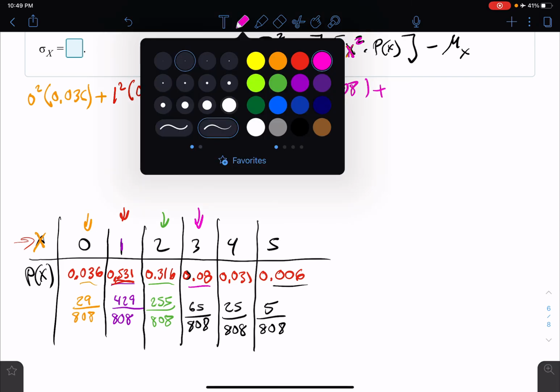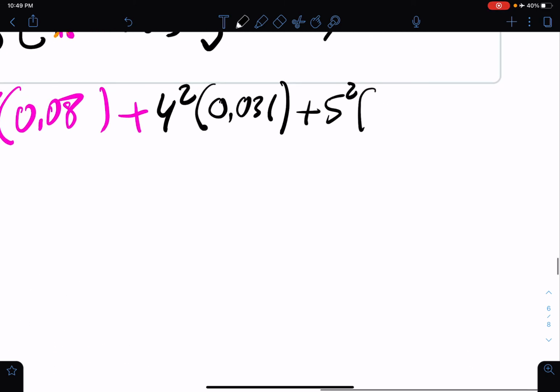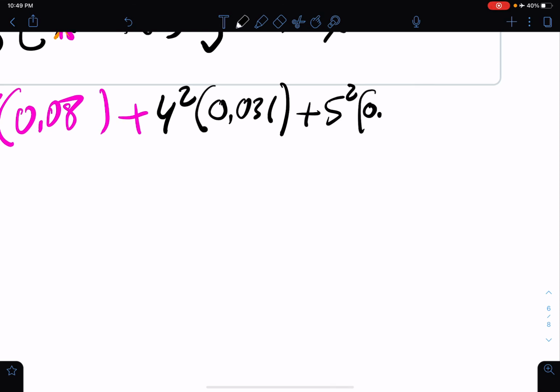Plus, we're getting there. I'm going to do the rest in black. It's 4 squared times 0.031 plus 5 squared times, I'm really running out of space here, 5 squared times 0.006.